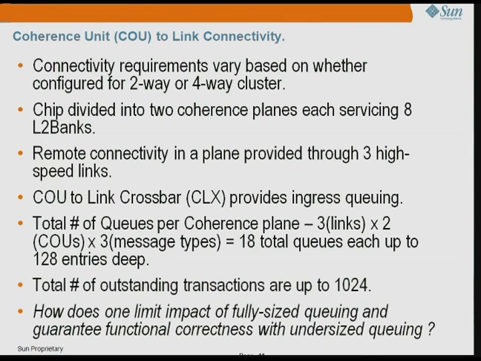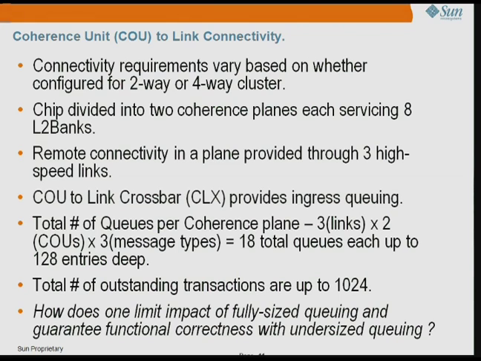I'll skip the second and third bullets and go directly to the issue at hand, which is that we have to keep some number of virtual channels independent, which leads to an uptick in SRAMs and queuing requirements: 18 total queues, each up to 128 entries deep.